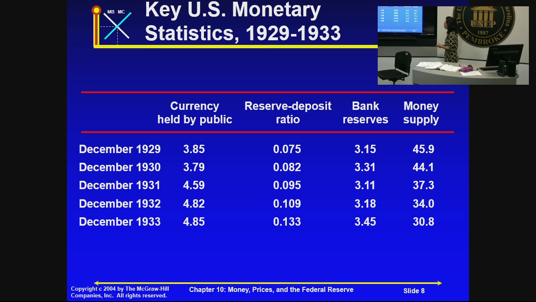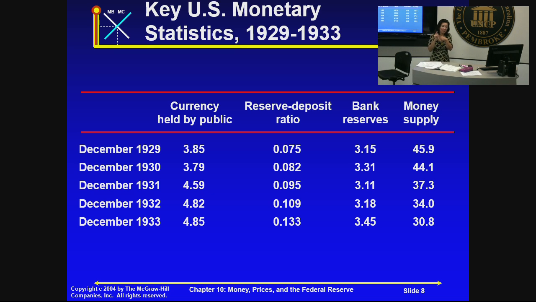What about the next one, the reserve deposit ratio? Okay, this is an important one, because that's that term right there, right? And what do you think, if the economy is failing, they want to control the money supply. So what the Federal Reserve Bank did, as you can see, this number goes up or down? Up, yes. So at the beginning it was 7.5%, and then 8.2, 9.5, 10.9, 13.3.